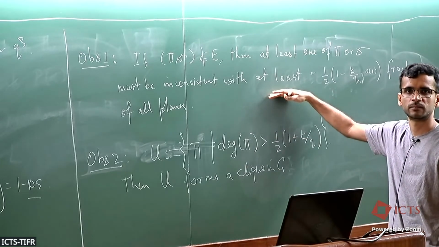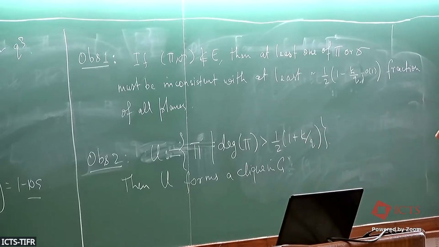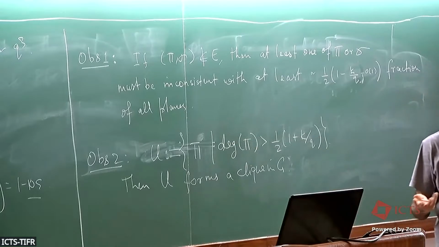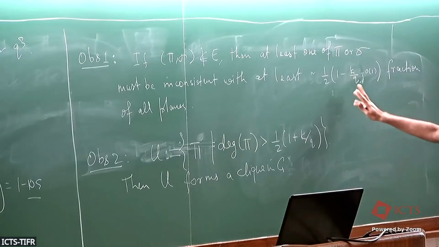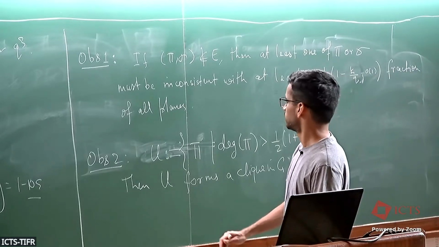If you have an inconsistent pair, then at least one of them has a large degree. One of them has a small degree, and every vertex in the set U has a large degree. And I hope this matches. Is that okay? Great.